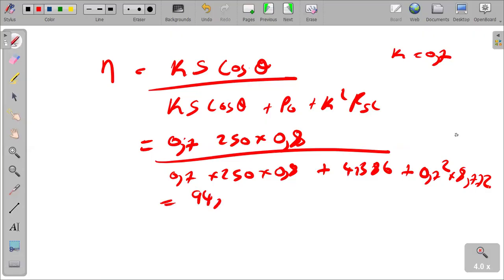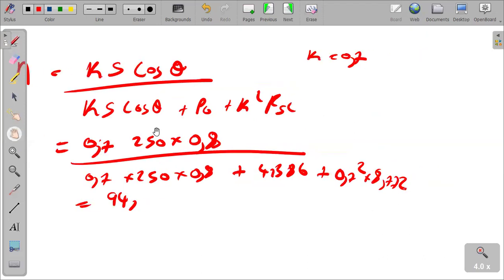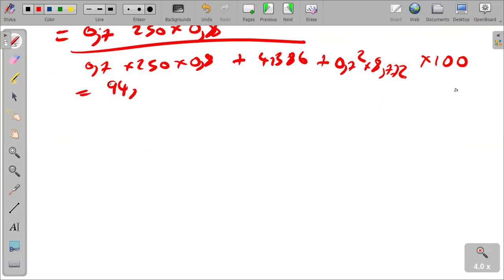Multiply that by 100 because efficiency is expressed as a percentage, so that we get it as percentage efficiency at 94.159%. There we are. That marks our efficiency. Let's quickly go to the next question.